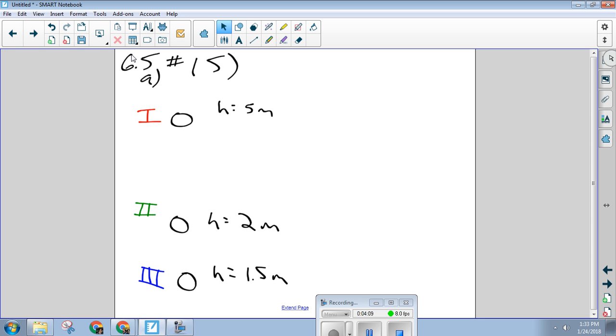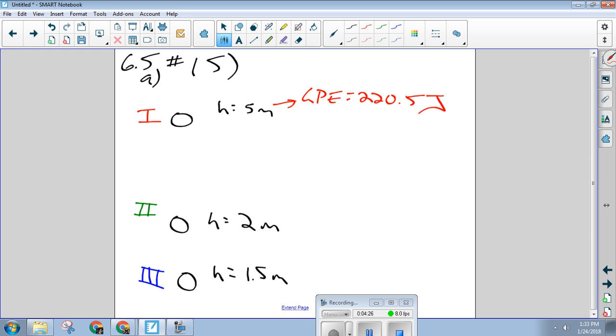Height is important because if I'm trying to find total energy, the height will allow me to find the GPE, right? Just do mgh, right? Mass times 9.8 times the height. So let's take a quick second to do that. So this GPE, if you figure it out, ends up giving you 220.5 joules. Everybody good up to there?